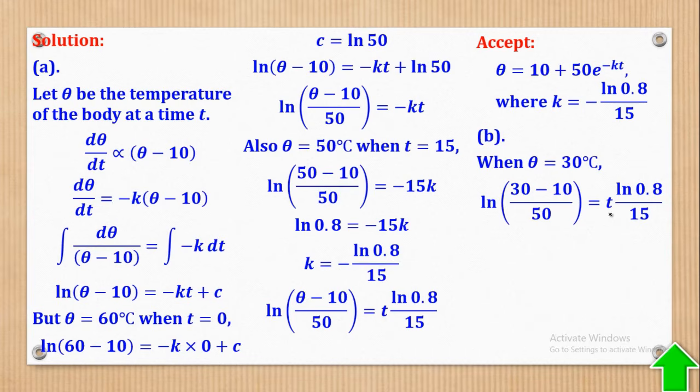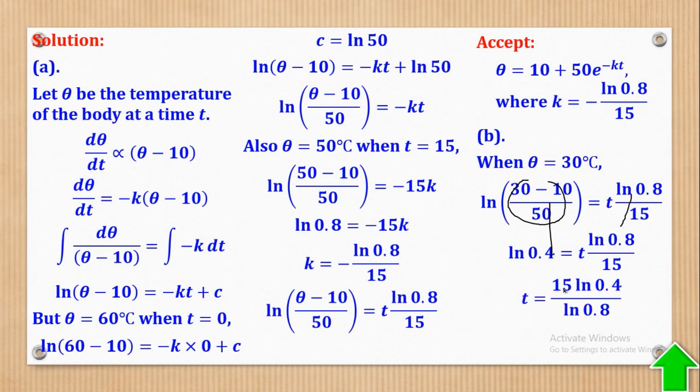So our aim is to make t the subject. So the whole of this in bracket is equal to 0.4, and this one remains. So when I make t the subject, it will be ln 0.4 over ln 0.8, times 15. And when I use the calculator, the value will be 61.5943 minutes.